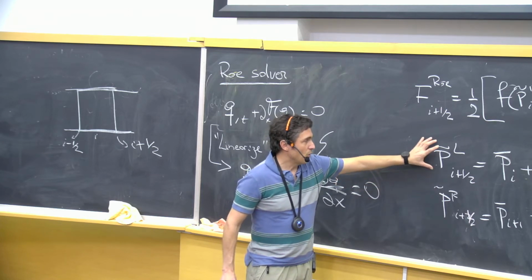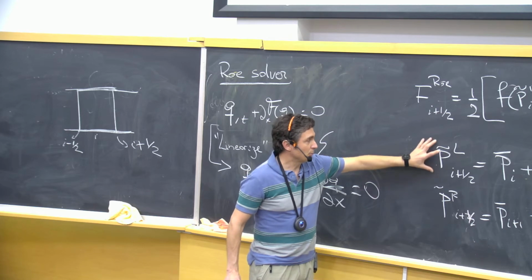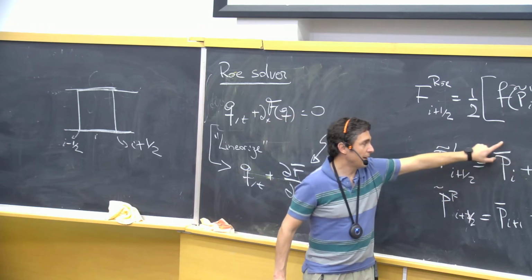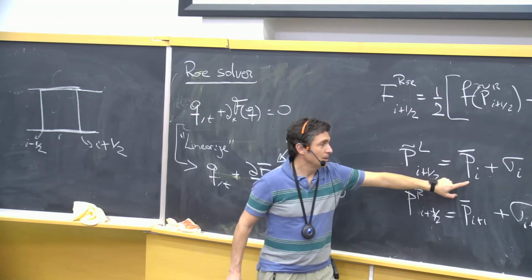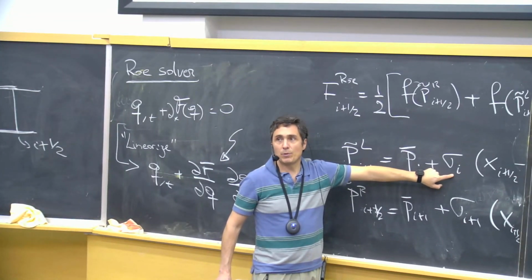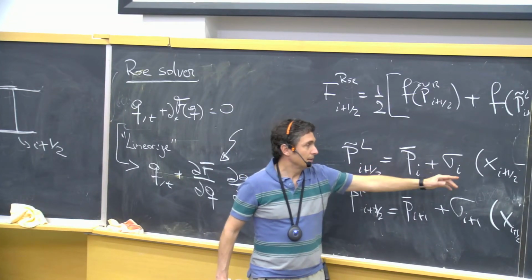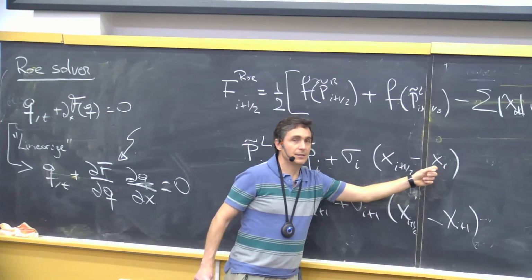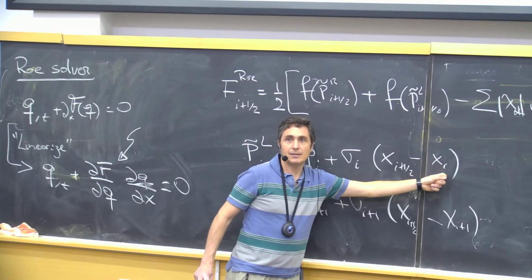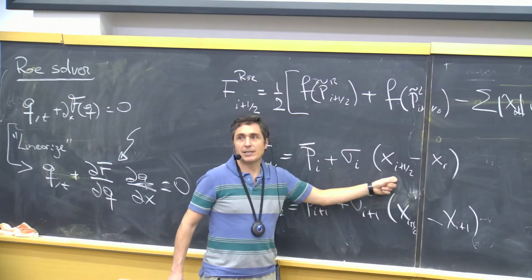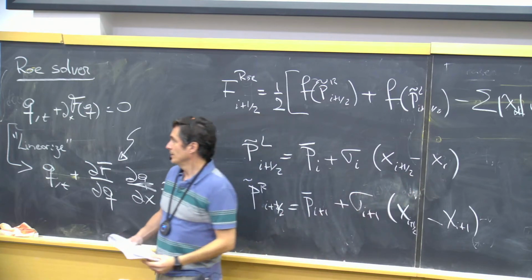So what we would evaluate at the left, notice what we have. It's the value that we have at the cell I, plus something, this is going to be a slope, times the distance between the center of the cell I to the place where the interface is. So this is just this distance.